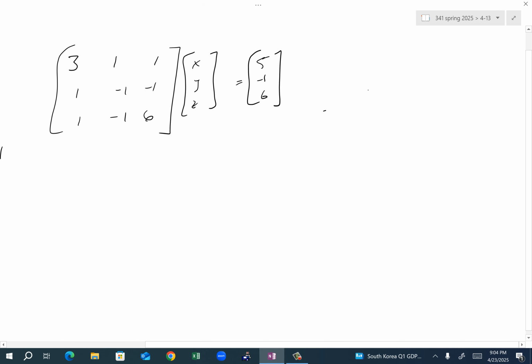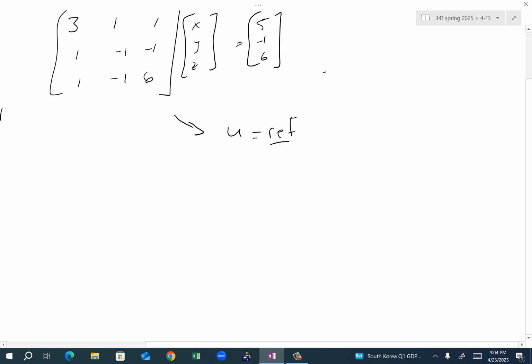Yeah, I get that. So what we're going to do here is find our U matrix. Remember, our U matrix is always the REF, row echelon form. But this is very critically important when you do this. Yes, you can get this REF a lot of different ways.